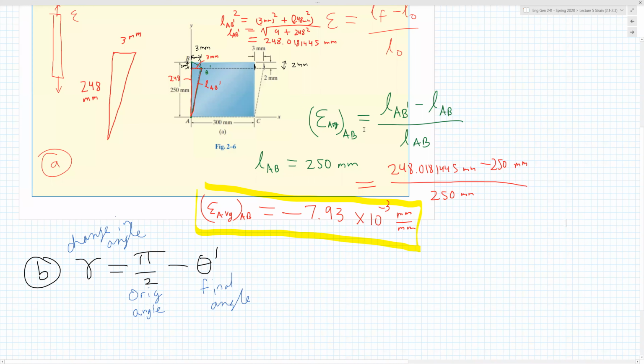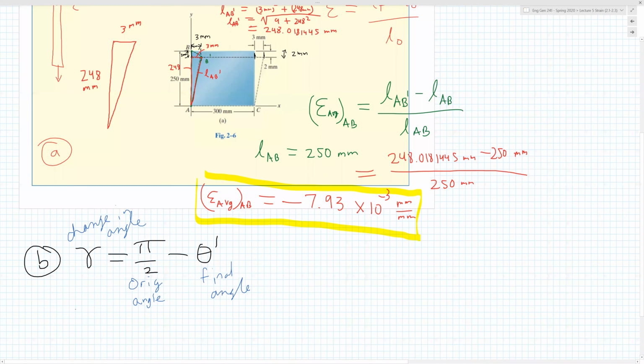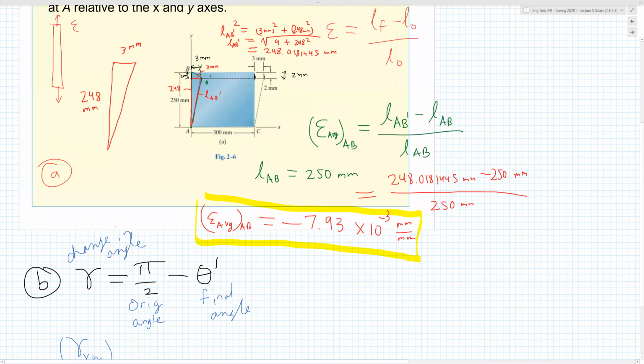So let's look at the picture, okay? This is because it's between, and I'm going to do the notation. The question is asking, what is the shear strain within the X, Y coordinate systems at point A?